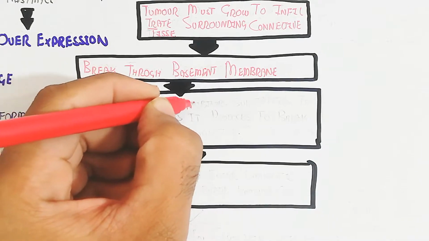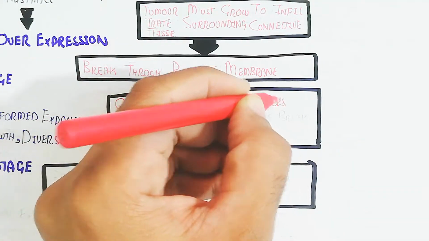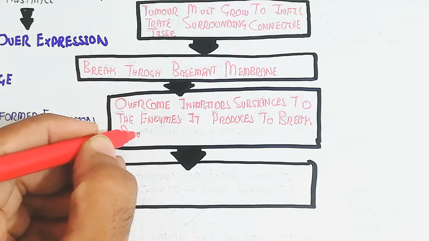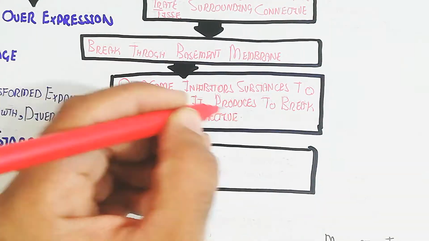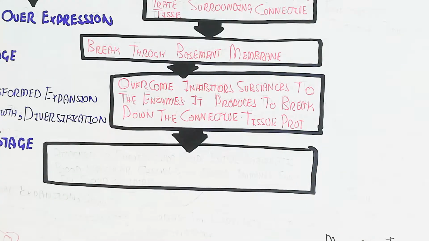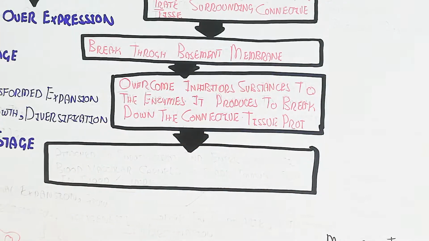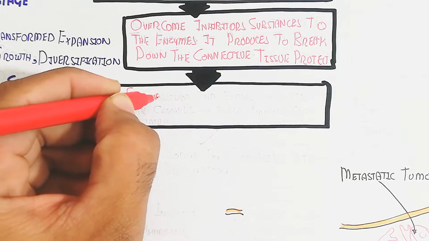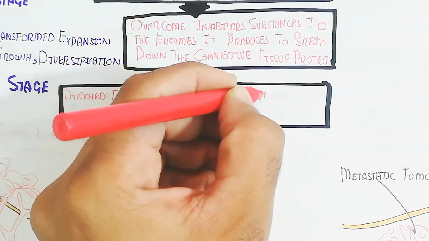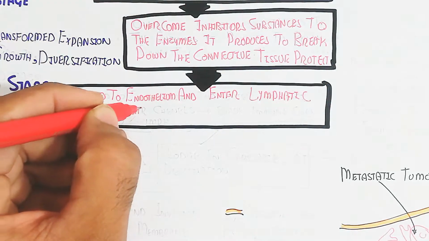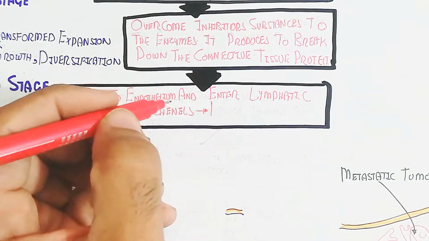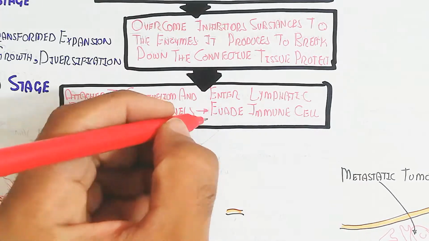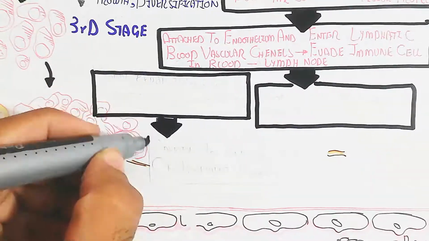Then it overcomes inhibitor substances through the enzymes it produces to break down the connective tissue protection. After breaking the connective tissue, the cells attach to the endothelium and enter the lymphatic and blood vascular channels, evading the immune cells in blood and lymph nodes, which leads them to lodge in capillaries at the destination.